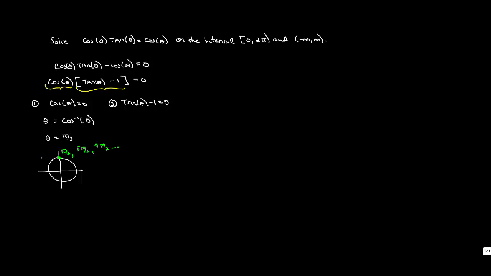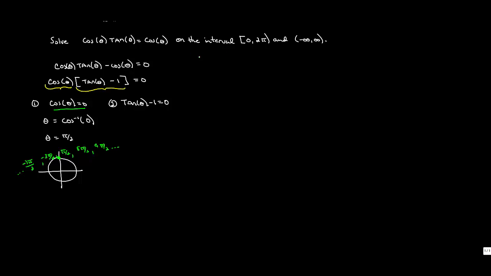Also, in the other direction, at negative 3 pi over 2, right? If we go back this way, and then if we continue going, we'd be at negative 7 pi over 2. So there's an infinite amount of angles that answer this question right here, okay? But we only need the angles between 0 and 2 pi for the first part.